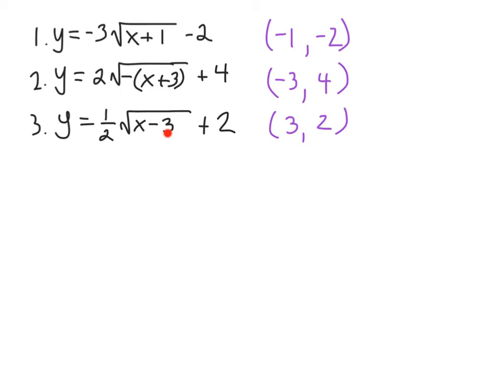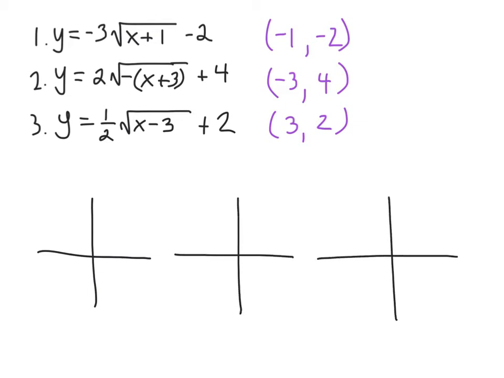The opposite of -3 here is 3 and +2. So those are our starting points for each function. So, next step, let's go ahead and graph our starting point and think about how our curve might go. All right, go ahead and plot those points on each graph. We'll call this number 1, number 2, and number 3.